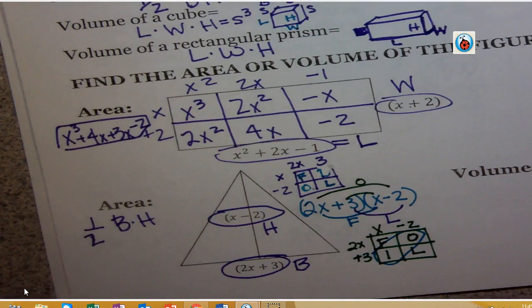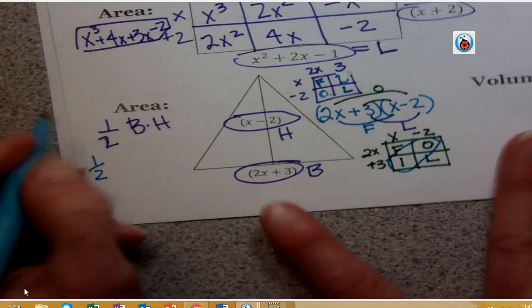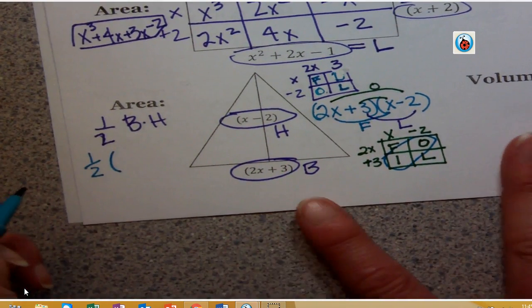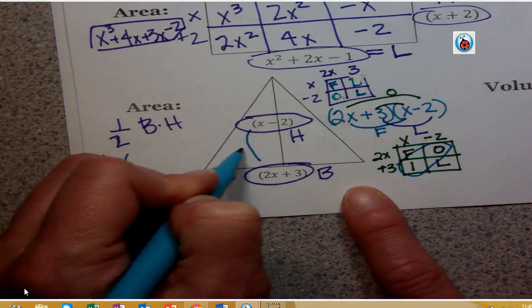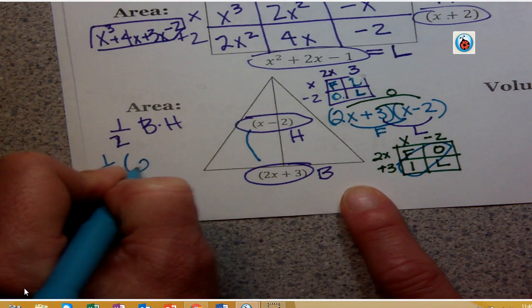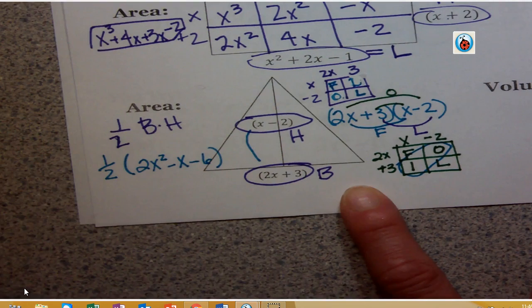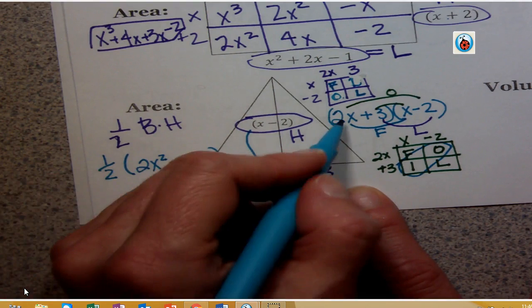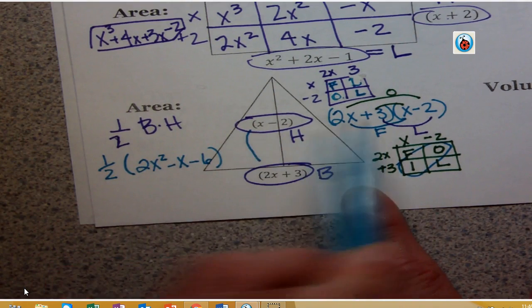And so then your answer would be 1/2 times, if you haven't done it already, then pause it and work out what you get when you multiply these two. Because I'm going to give you the answer. 2x squared minus x minus x. 2x times x gives you x squared.